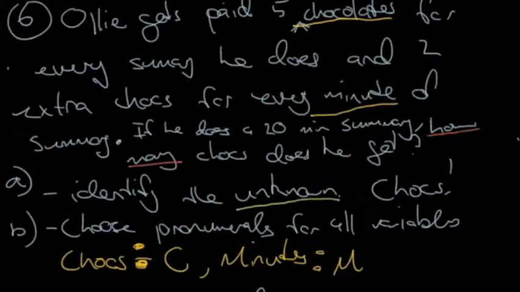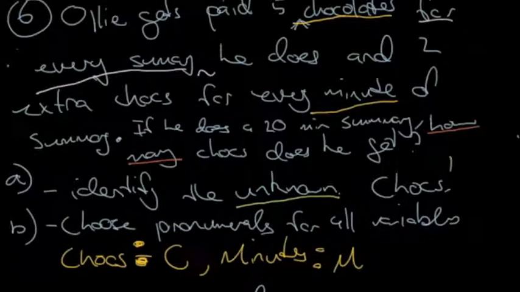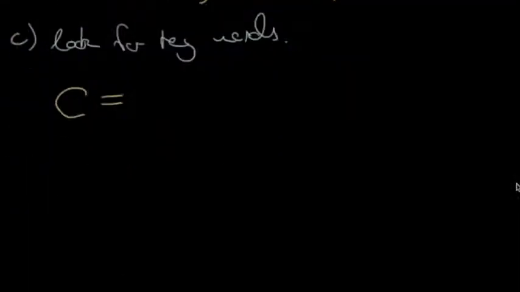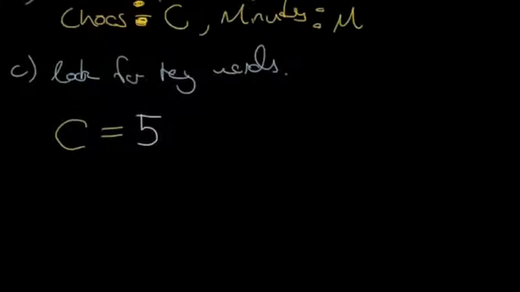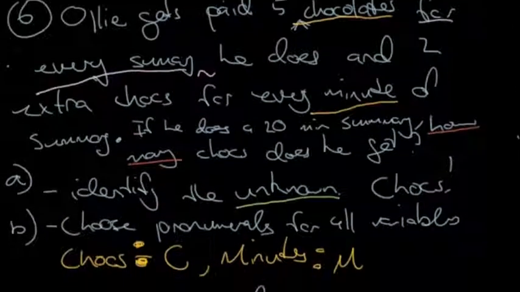So pick another color. He gets paid 5 chocolates for every summary he does. So for every summary, we start off no matter what. Well, I won't write that because it's unnecessary and a bit confusing. But he gets 5 chocks no matter what for every summary he does. So the amount of chocolates he's going to get equals at least 5 vegan chocolates for every summary.